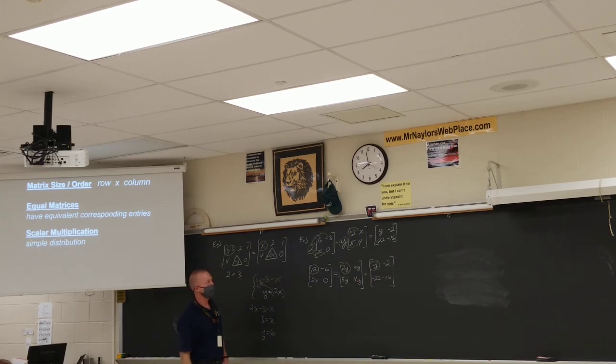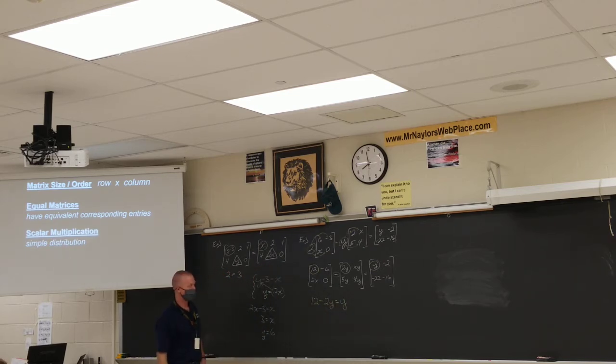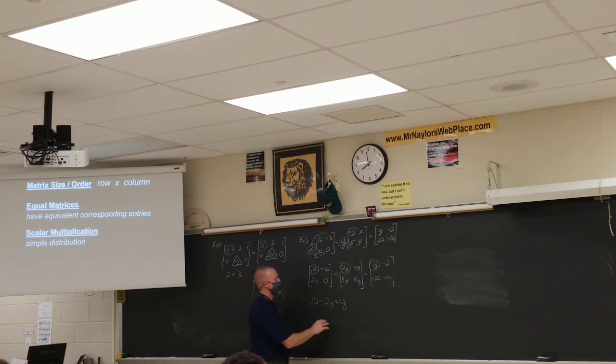So I basically would say, why not? You can write down 12 minus 2y equals y, and you got yourself a nice little equation. Again, that should be pretty straightforward. Just make sure that you're solving it carefully so that you can get y equals 4.